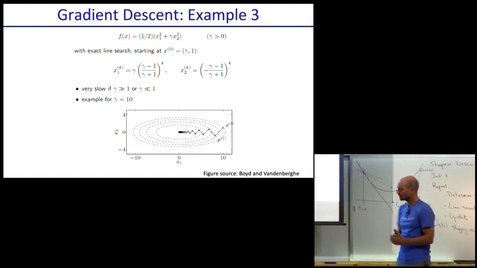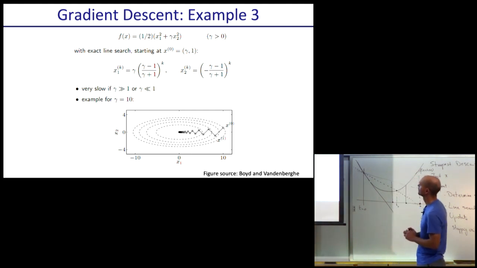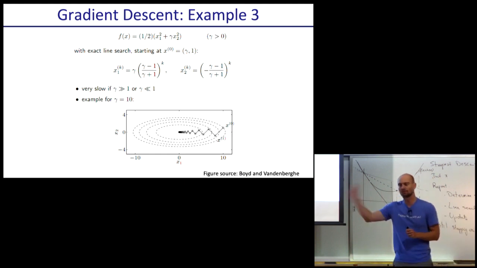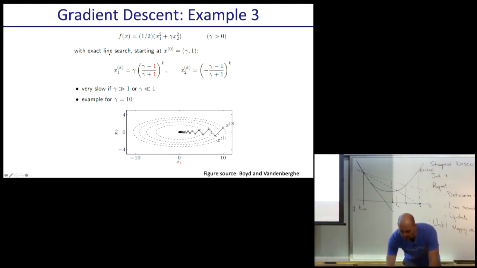Now, here's another example. A parameterized quadratic, where we have x1 squared plus gamma times x2 squared, with gamma bigger than 0. If you do exact line search, you can actually find the exact solution for this case. You can write out the sequence of x's you will find. This is a sequence of x1s and x2s that you'll find running exact line search on this objective.